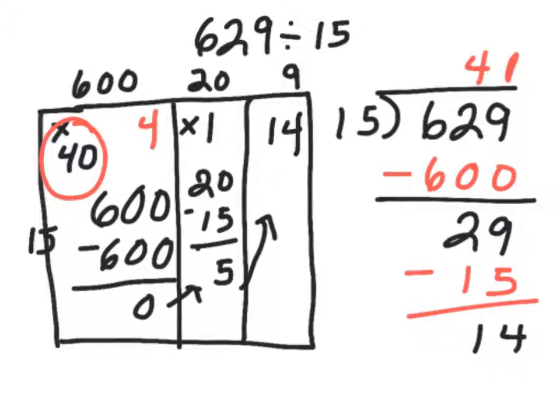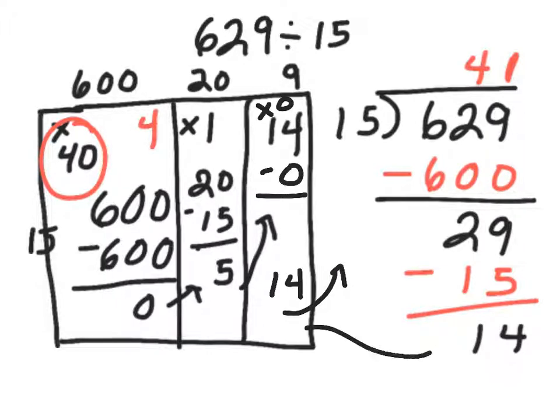There is no value that you can multiply by 15 to give you 14 or close to it to give you a value to subtract. So that's why it's 0. 14 minus 0 is 14. 14 is left over. That's why it's 41 remainder 14.